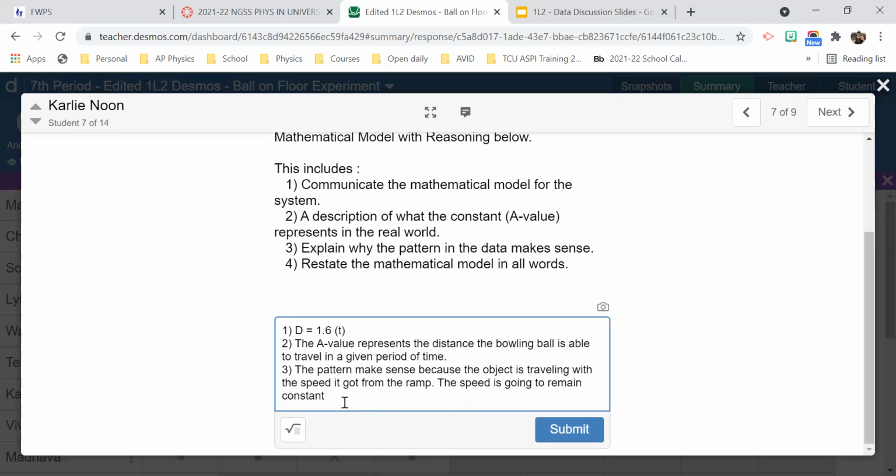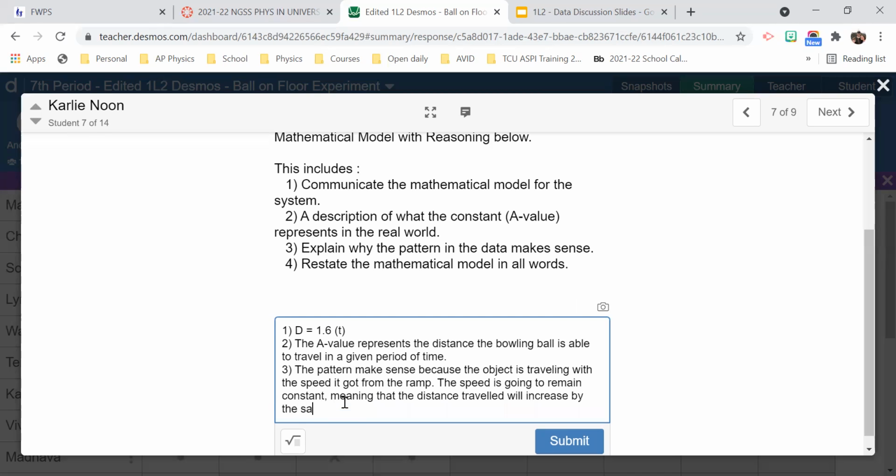So the speed is going to remain constant, meaning that the distance traveled will increase by the same amount for each segment of time. Hopefully you kind of latched on to my thought there. So for 0.3 seconds, it goes 0.5 meters, but it's consistent.